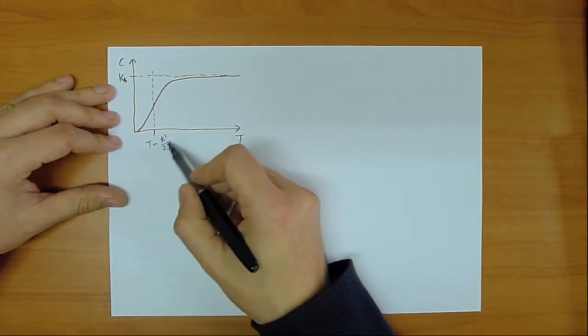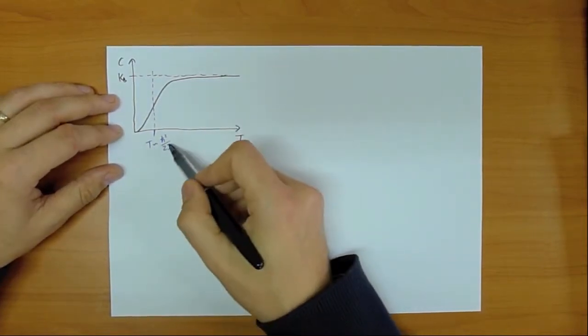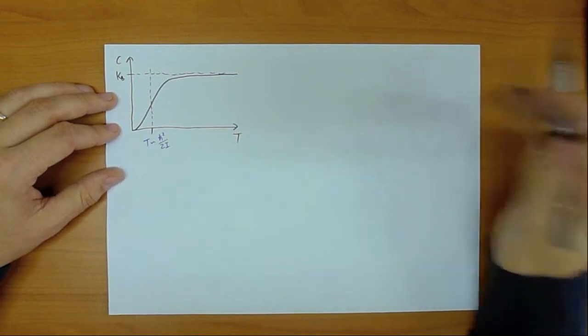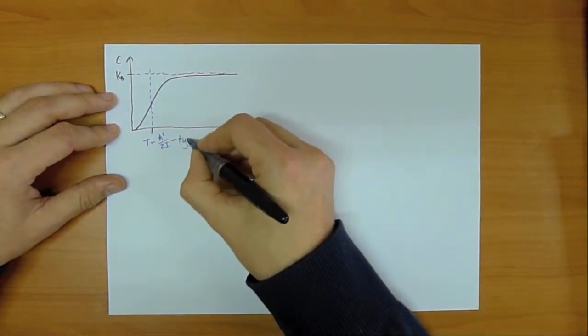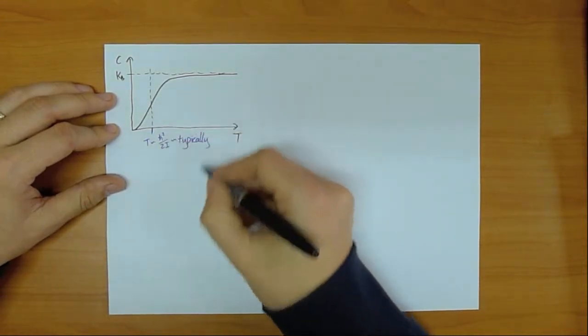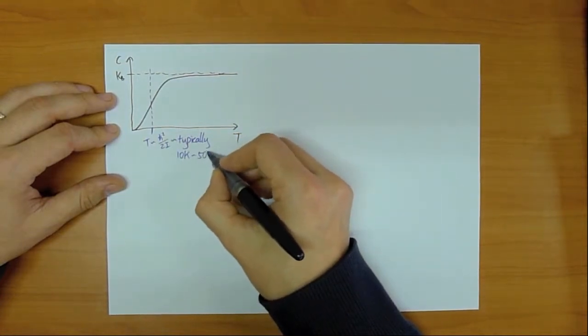Now you can either calculate I from some quantum models of the atom or molecules, or you can measure it experimentally using spectroscopy. But typically you find that this value, h bar squared over 2I, is somewhere between 10 Kelvin and 50 Kelvin.